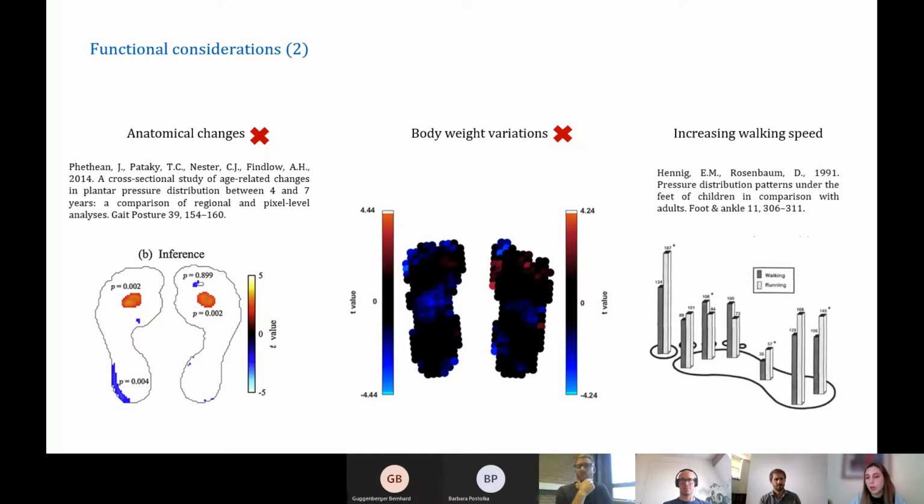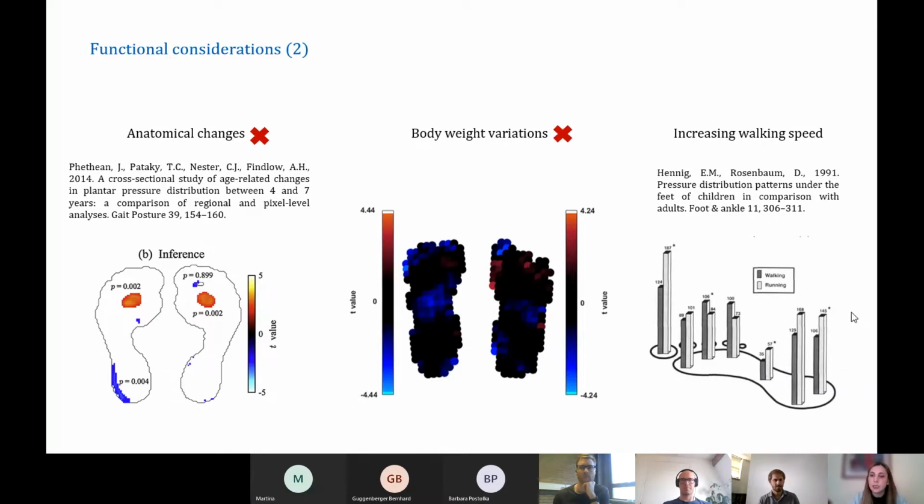We found an earlier paper looking at early walking, as we did, and the authors found that infant running exhibited more pressure in the central forefoot with respect to infant walking.